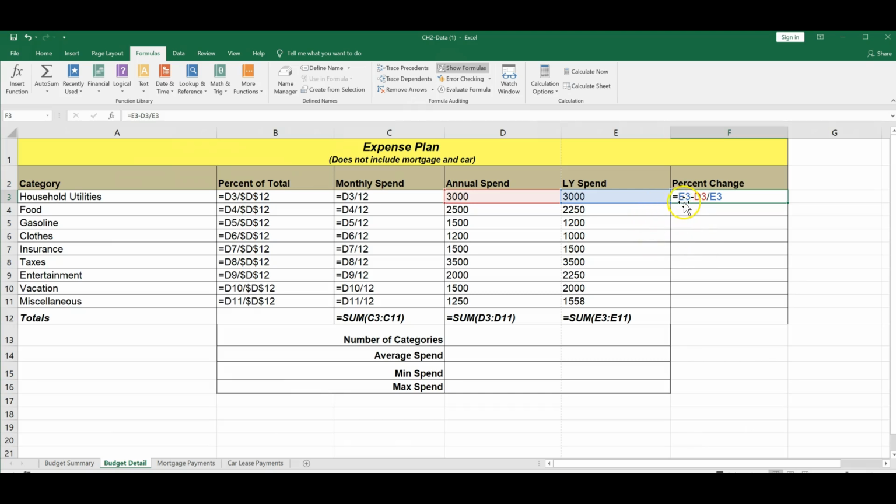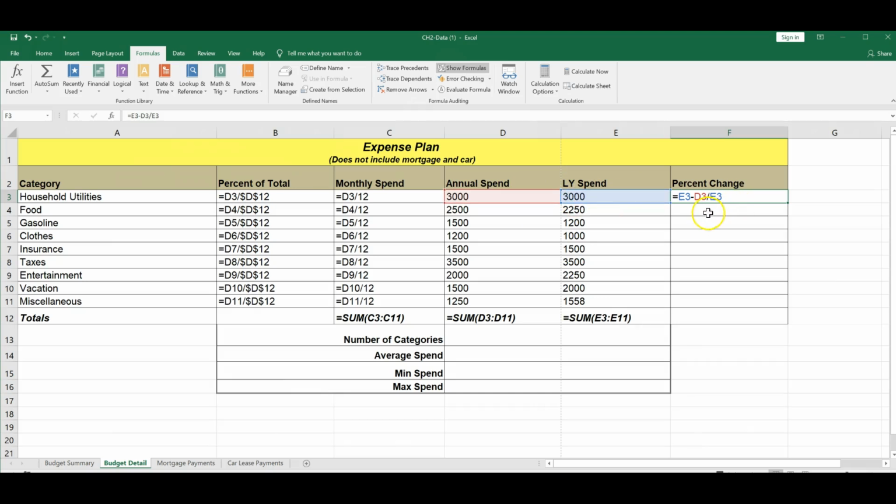So if I look at my formula over here, you'll notice I have no parentheses, so I'm not going to deal with that. I have no exponents, so my next move is a multiplication or division. I have a division right here, so it's going to divide D3 by E3, in this case 3,000 by 3,000. 3,000 divided by 3,000 equals 1.